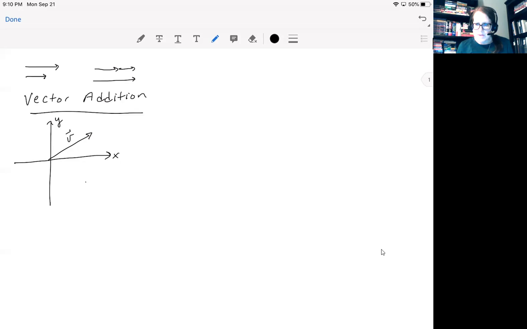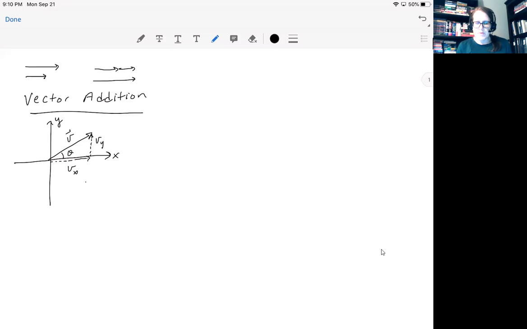If we wanted to know what the components of this vector are, it's at some angle theta, so we would look at the projection of that along the x-axis and along the y-axis. If we drew a dotted line here, we would look at this as being the y component of that vector. And along this side, we have what we would call the x component of that vector.